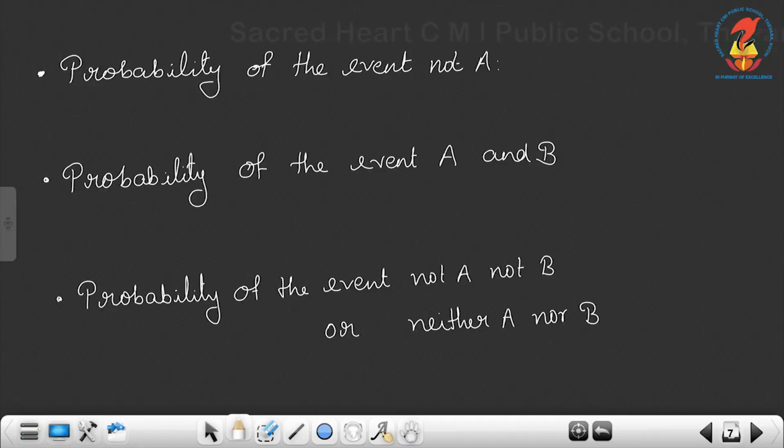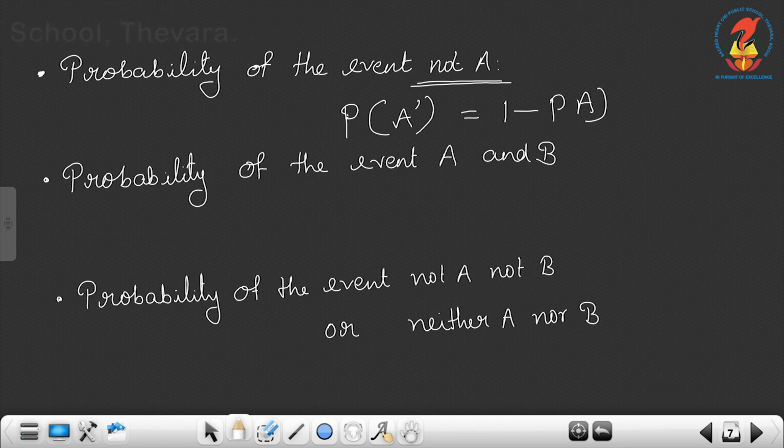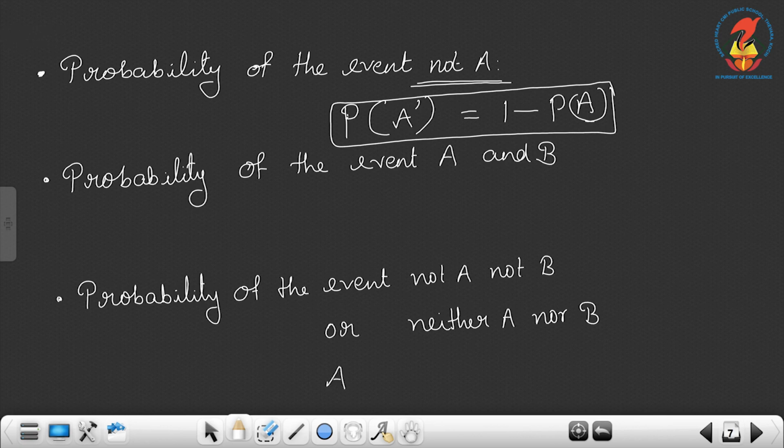Now, the probability of the event not A. Not A is denoted as A dash, or A complement. So P of A complement is 1 minus P of A. The proof is like this. If A is the event, then A complement contains all the other elements.